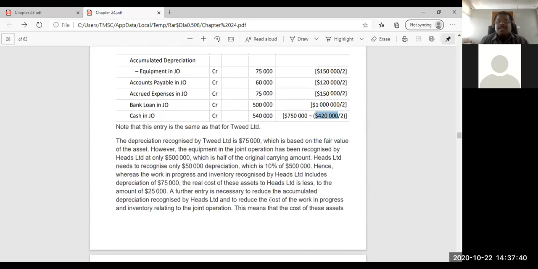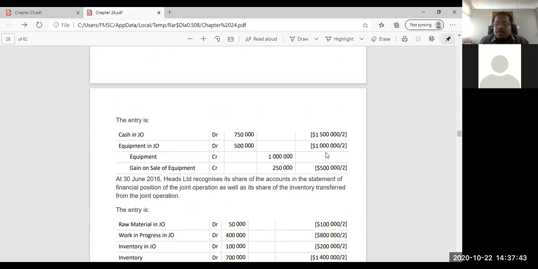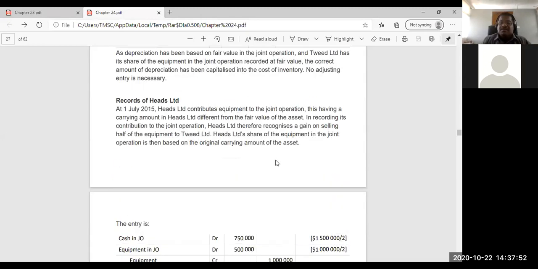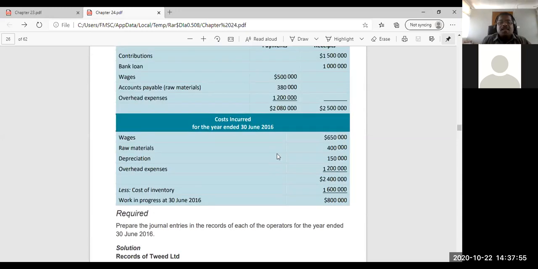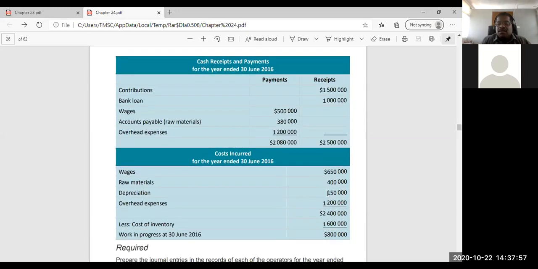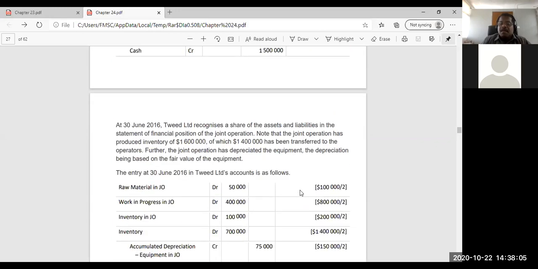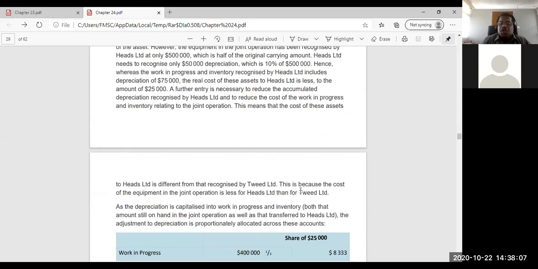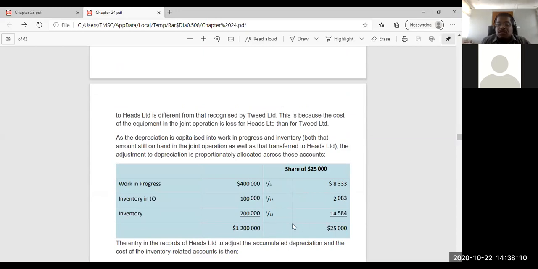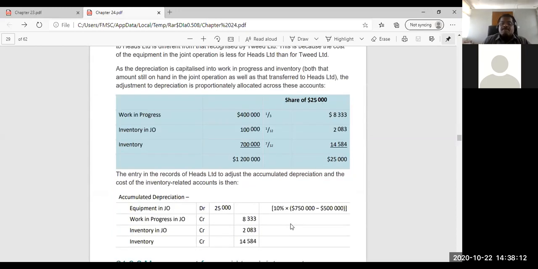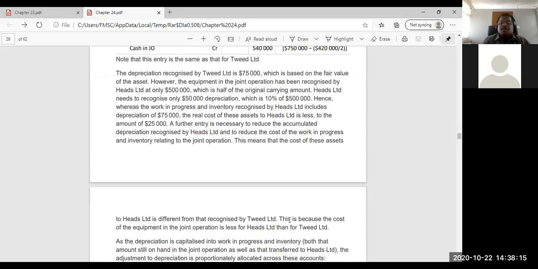Now there's a small adjustment. Remember, we consider the depreciation as per 1 million, not as 1.5 million. Here the depreciation is 10%, which for 1.5 million gives a depreciation impact of 25.